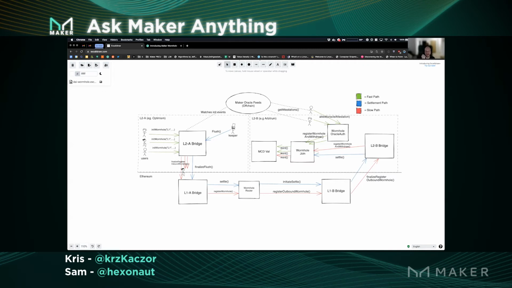Basically the risk parameters, the auction parameters, should take into account the instant liquidity available on a given domain. So I don't think that to close an auction you need cross-chain liquidity. You should be able to just use the liquidity available on the given domain.